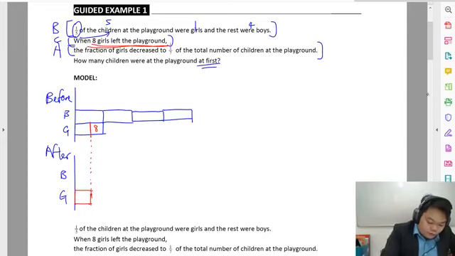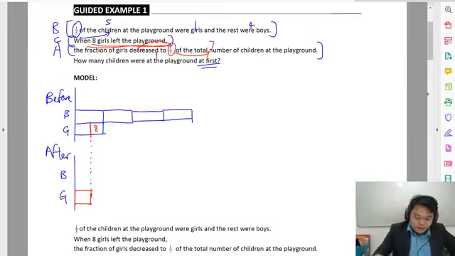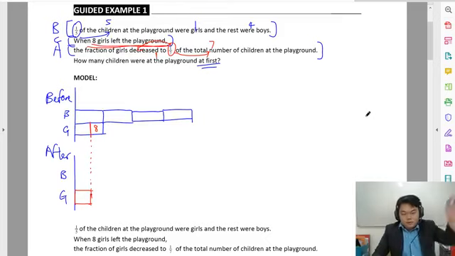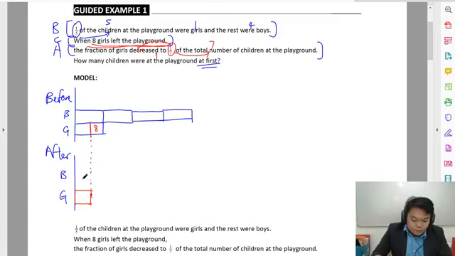Now the fraction of the girls decreased to 1/7 of the total number of people at the playground. Here you have to be able to see its implication. If one red block goes to the girls out of a total of 7, that means that your boys will have 6 red blocks.